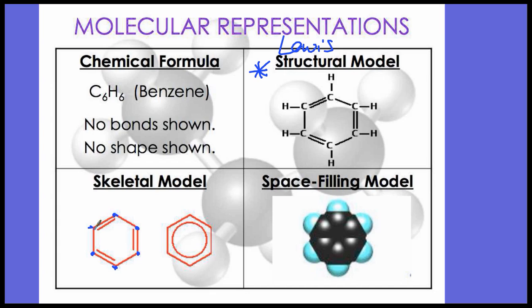And how does a bond form? I share my clouds. If I'm sharing my clouds, I have to be close enough to touch. My electrons aren't traveling down little springs or wooden sticks like we had in the lab.